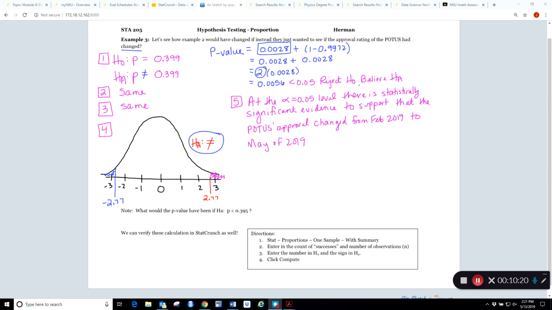So right now our main difference here is that we have this word changed.